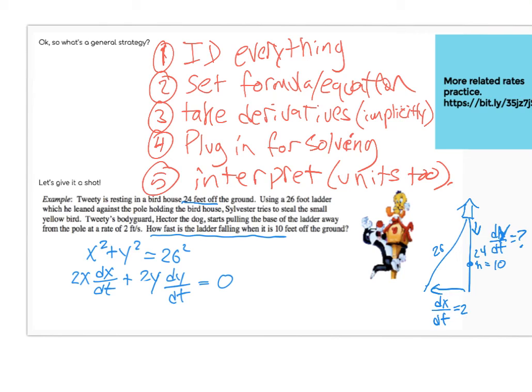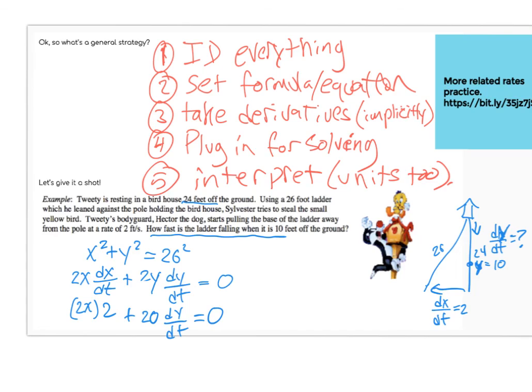I know that my y value is going to be 10, so this is going to be 20 dy/dt. I know my dx/dt is going to be 2 because it's increasing. I don't know what x is right now, so I'm going to hold off on that for a second. And because of that, I can't really solve this equation yet.